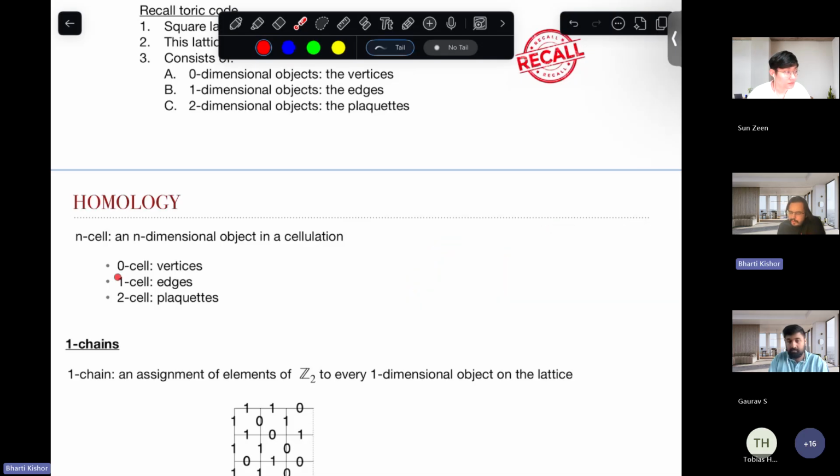So we had 0-cell, which was vertex. We had 1-cell, which was the edges corresponding to toric code, and 2-cell, which was plaquette. So it's just a naming, like we were calling vertices 0-cells, edges 1-cells, and plaquettes 2-cells. And these are nothing but, any n-cell is an n-dimensional object in a cellulation. Yeah, so that we will keep in mind.